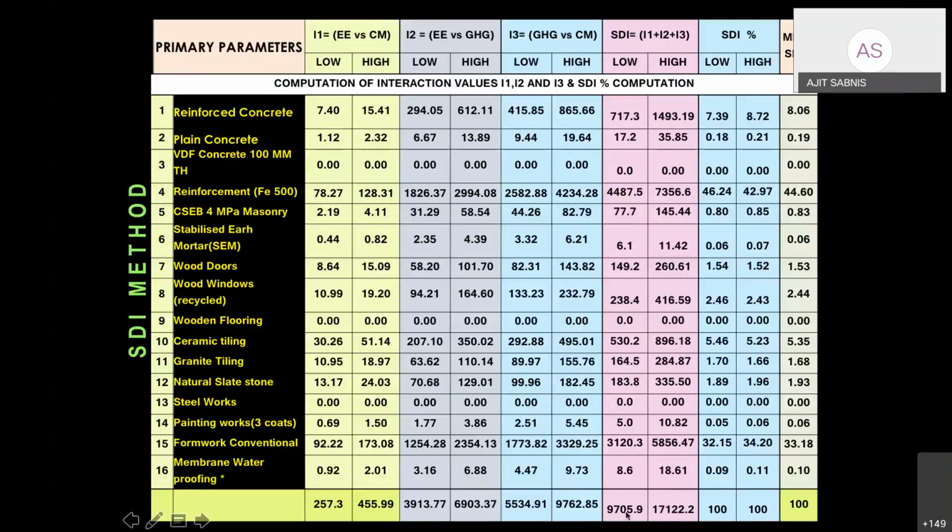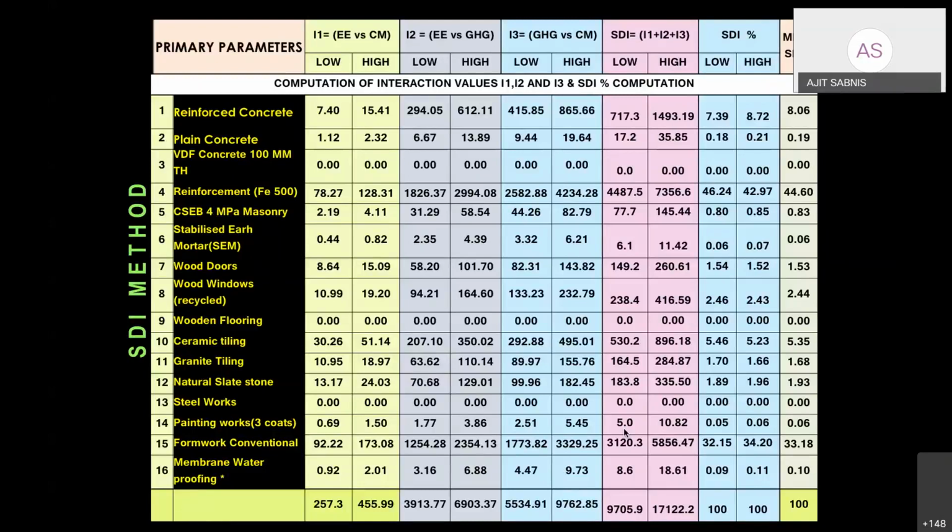The lower range is 9,705.9 and the higher range is 17,122. The mean of that comes to 13,414, which is the mean value of the total interaction. The last column gives you the mean percentage wise.